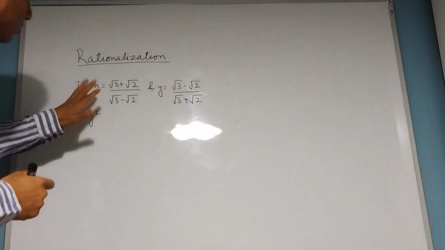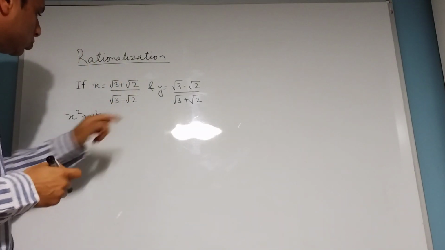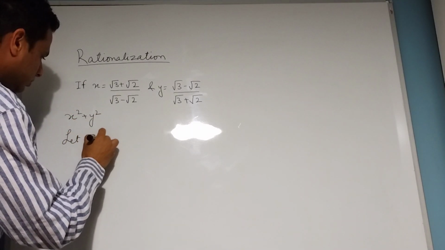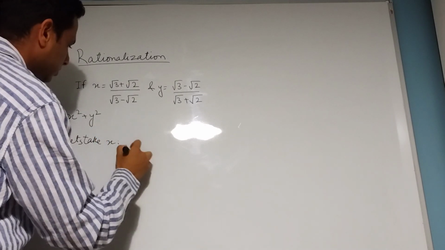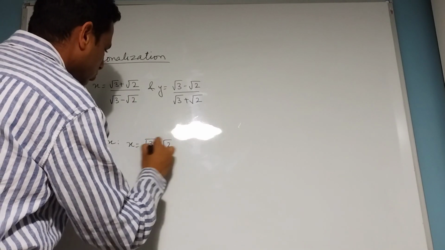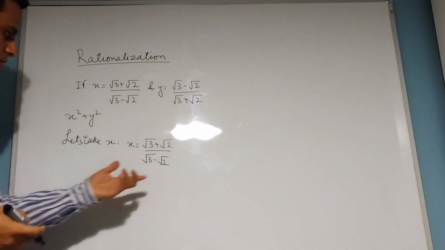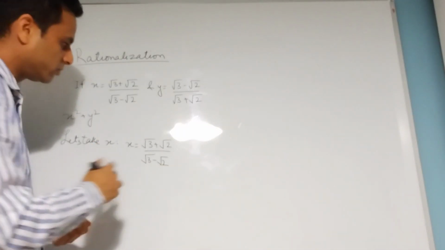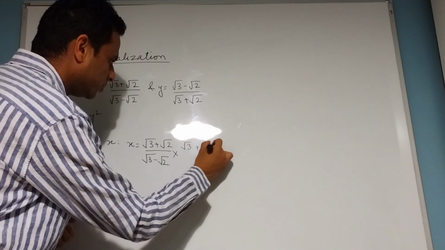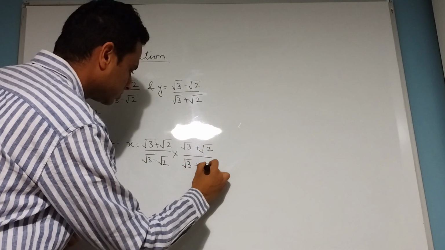So let's try to resolve this together. We have x equals root 3 plus root 2 by root 3 minus root 2, so we'll start with x first. In order to rationalize the denominator, we multiply and divide this by the opposite sign of the denominator, which is root 3 plus root 2.